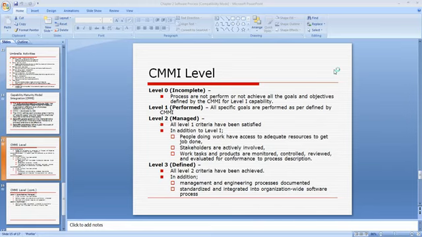These are the stakeholders of the college. So these stakeholders should be actively involved to build that software.